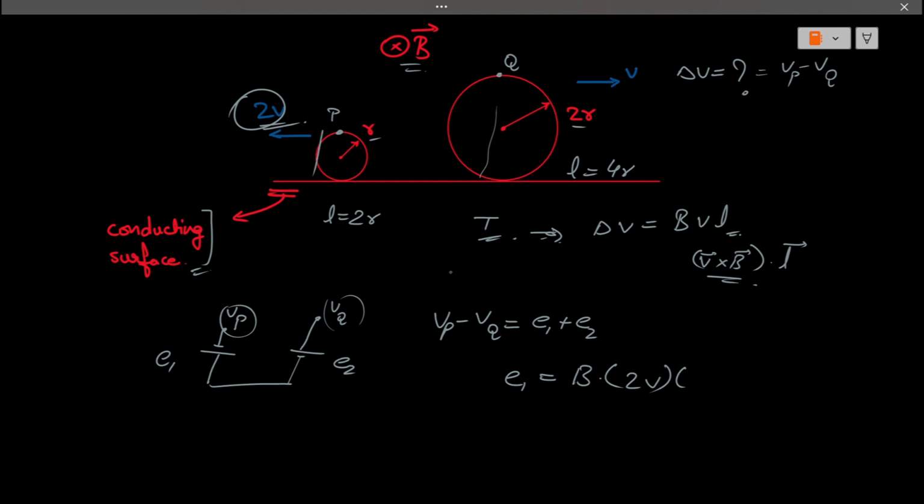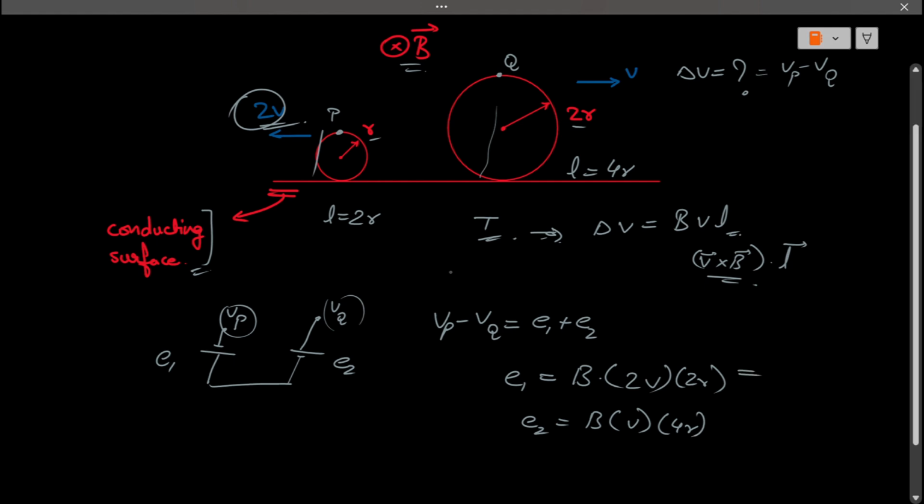So E1 is B times 2v times 2r, and for E2 we have B times the velocity v and the length 4r. So for both scenarios we have 4Bvr as the induced motional EMF, right? So we have E1 and E2.